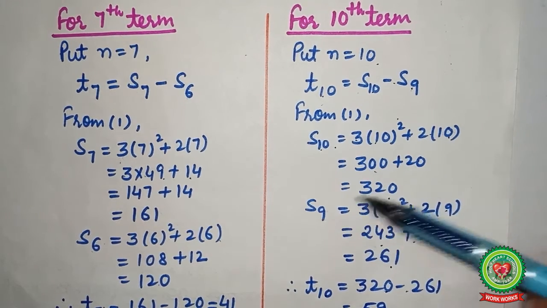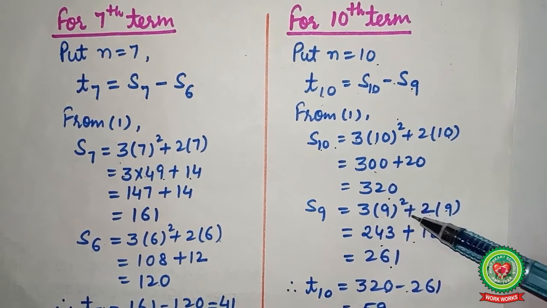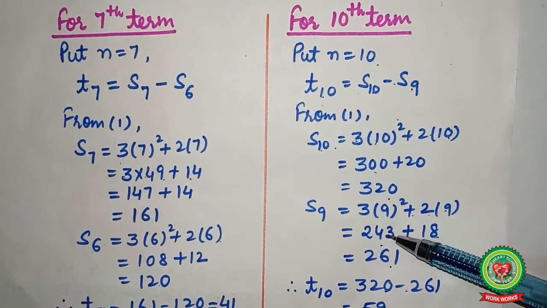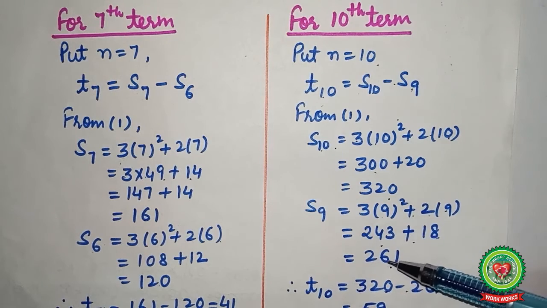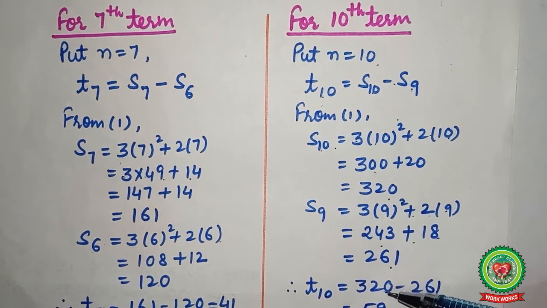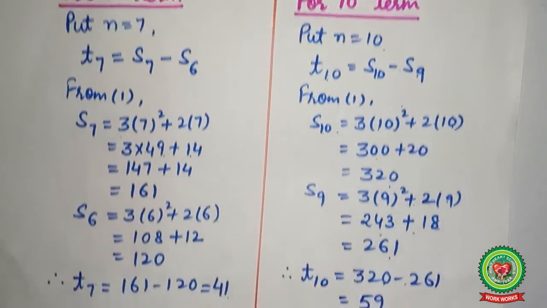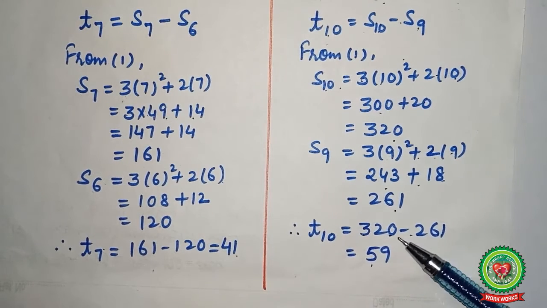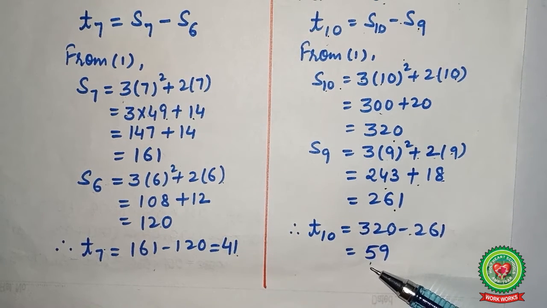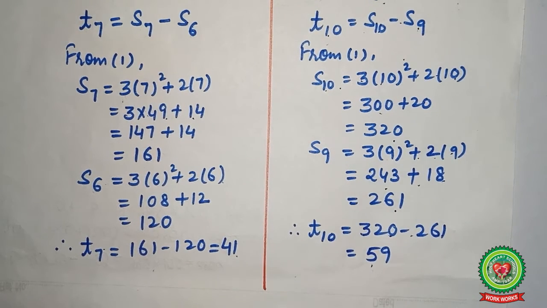Then S9 is 3 into 9 square plus 2 into 9, that is 243 plus 18 is 261. So finally T10 is equal to 320 minus 261 is 59. In this way, you can find any term of the sequence or series by using sum.